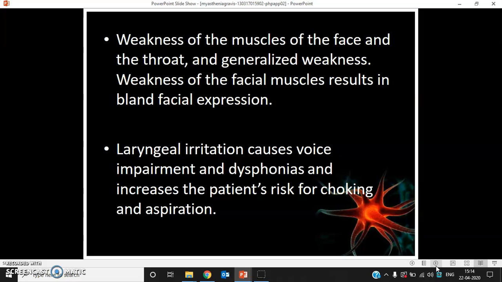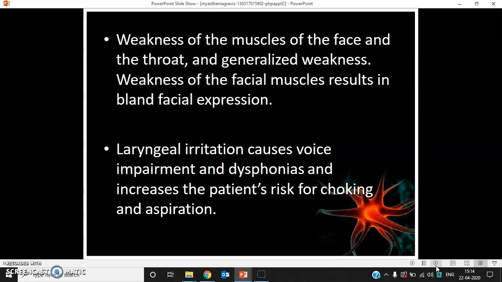But if you ask a patient of myasthenia gravis to smile, he will have a blunt facial expression, because the muscles or the receptor sites are not receiving the signal. So there will be weakness of the muscles of the face and throat, and generalized weakness of the facial muscles results in a bland or blunt facial expression.